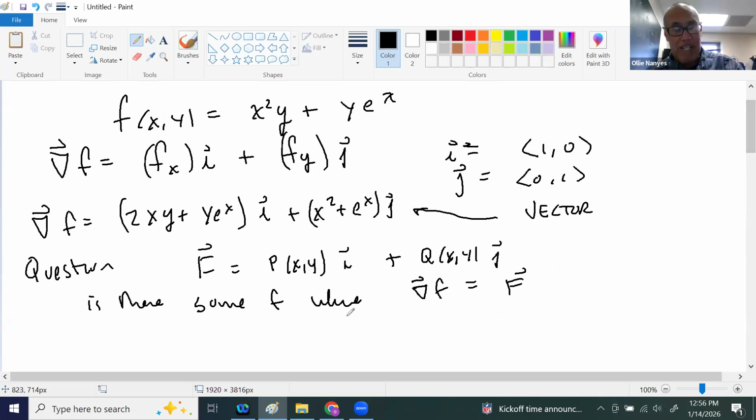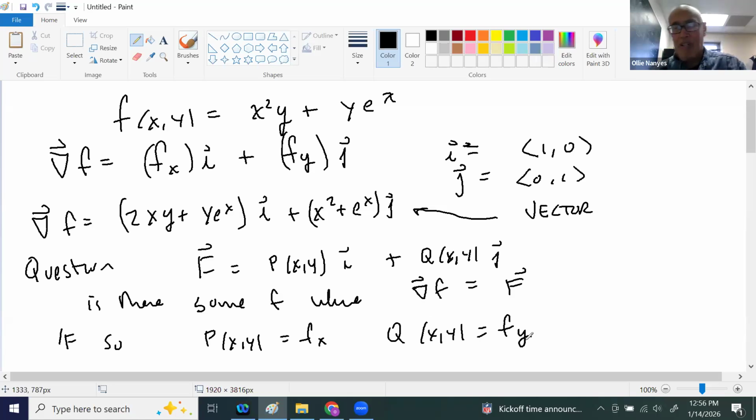Now here's the thing. Suppose this given vector field was a gradient. This means that P of x, y is going to be the partial derivative of some two-variable function f with respect to x, and Q of x, y would have to be the partial derivative of f with respect to y, for some f.